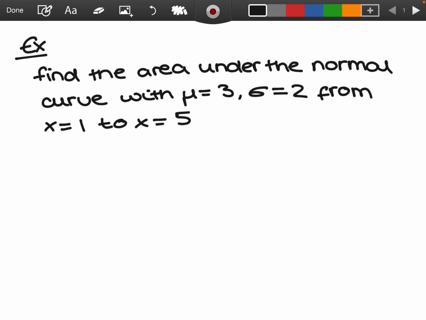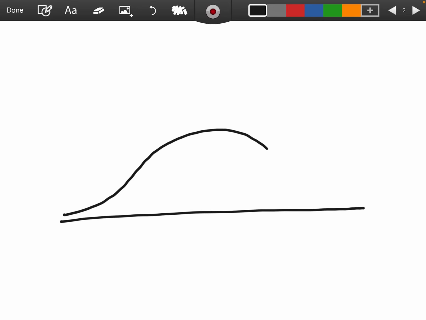We're going to use X in this case. Okay. So that's what I'm going to do here. I'm looking at what's the probability that my random variable X is between 1 and 5. Let's go ahead and draw this and you'll see exactly what this problem is asking.